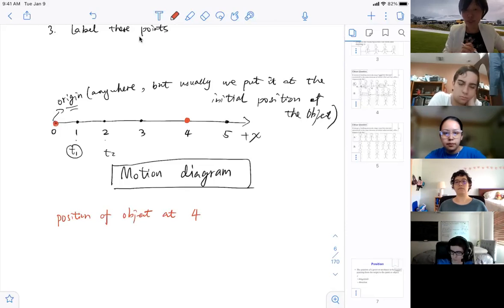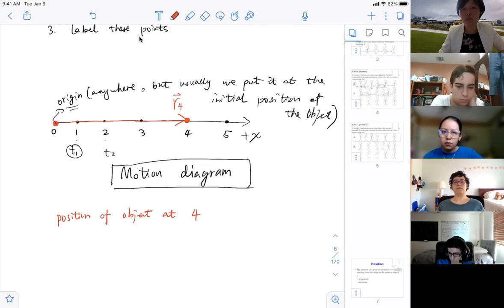meaning that we will use an arrow to represent it. So I'm going to draw an arrow right this way. I'm going to call it position at point 4. So we use R to represent position with a subscript 4, meaning at point 4. And it's a vector, so you will see this little arrow on top of my quantity, meaning this is a vector, R4.